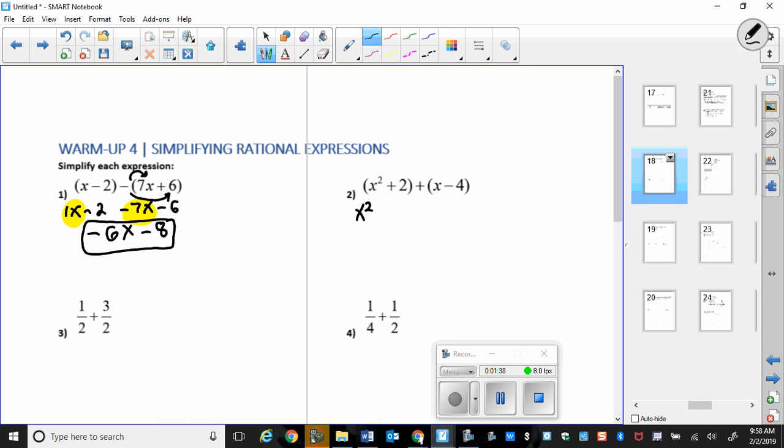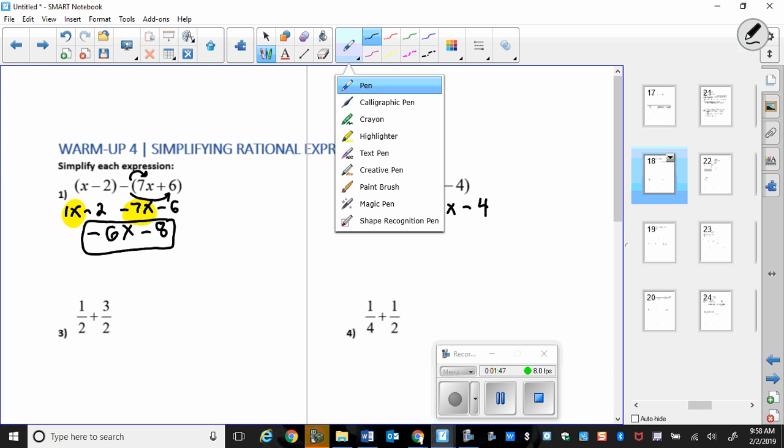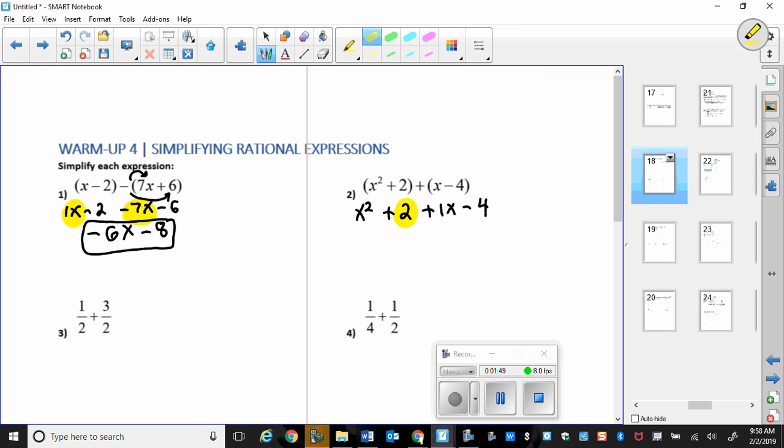I have x squared plus 2 plus 1x minus 4. The parentheses just fall away. I'm going to identify my like terms here. There's only 2 sets of like terms. So that means I have x squared plus 1x minus 2 as my final answer.